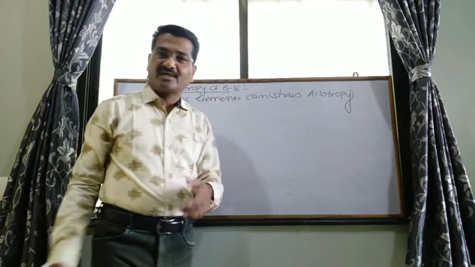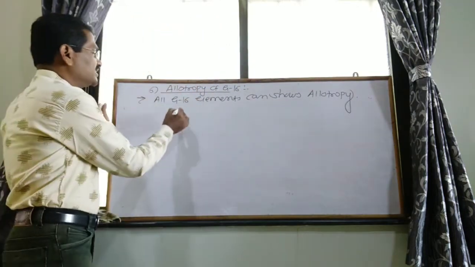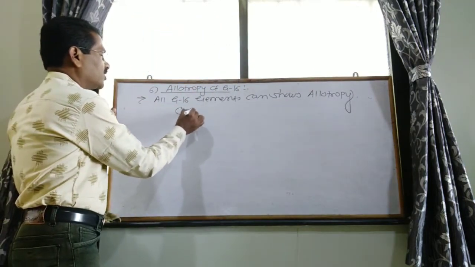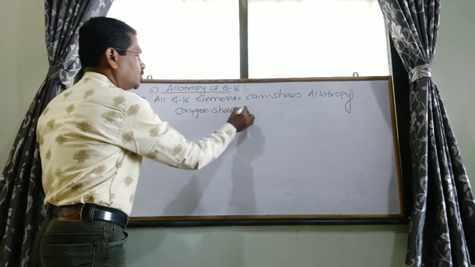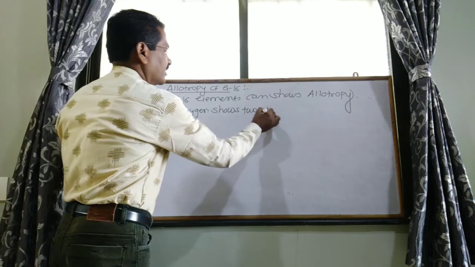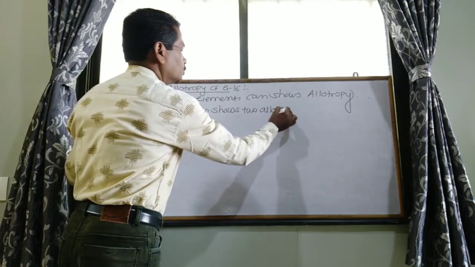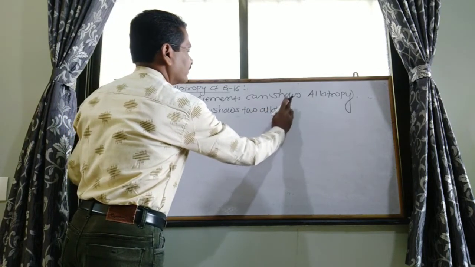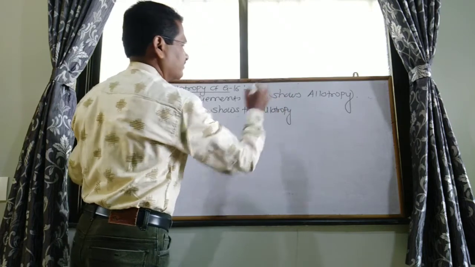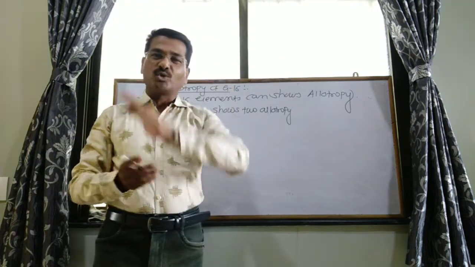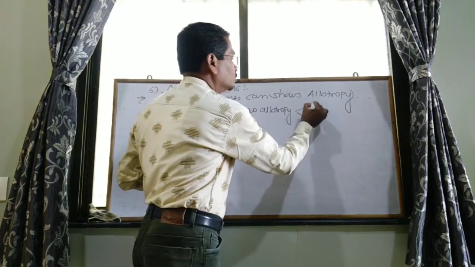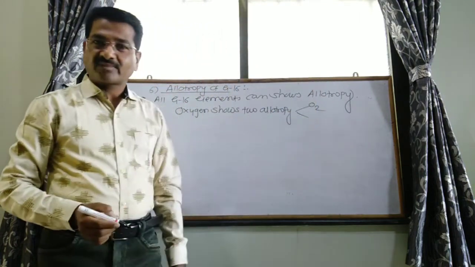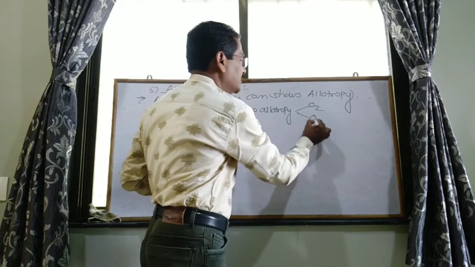Allotropy. How? Oxygen shows two allotropic forms, which are, first, O2, dioxygen, and second, O3, ozone.